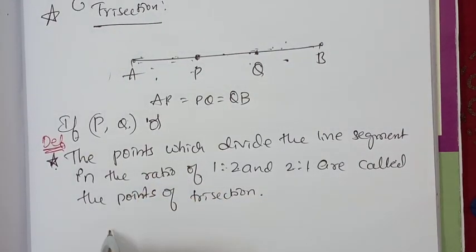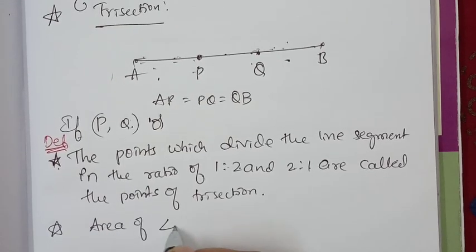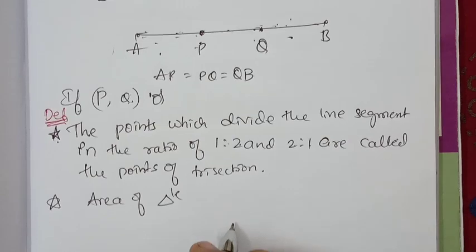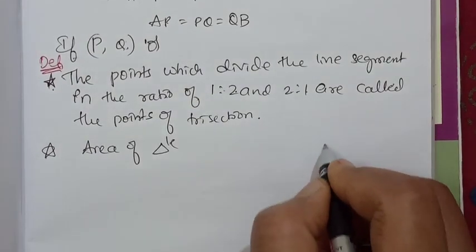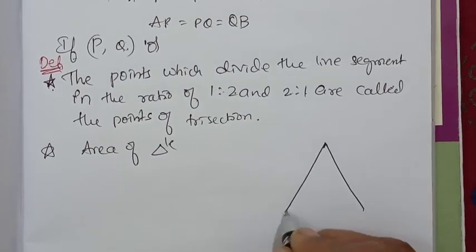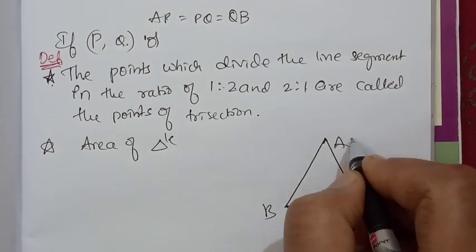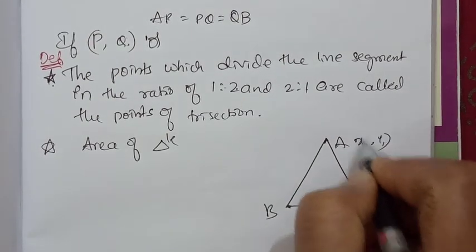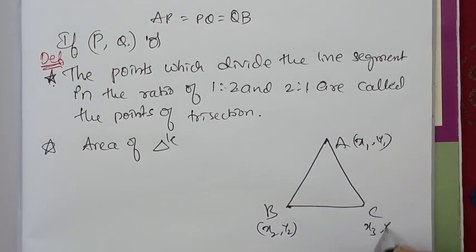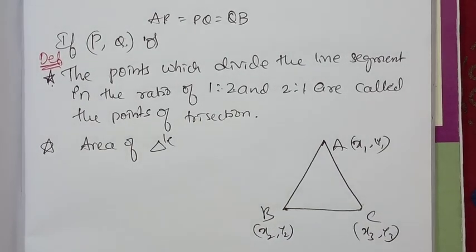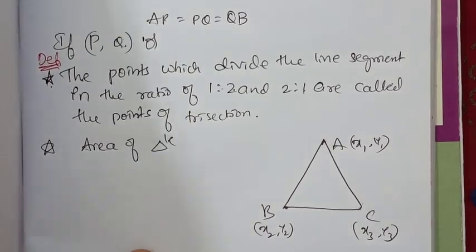Next one is the area of the triangle. Here again, the three vertices are A, B, C, and x1, y1, x2, y2, x3, y3. These are 3 points. Here is the area of triangle formula.